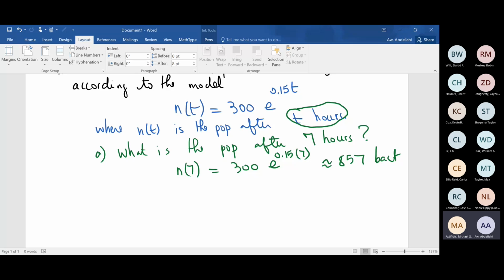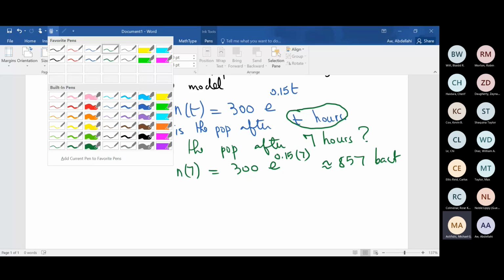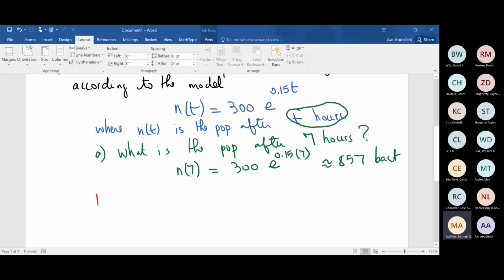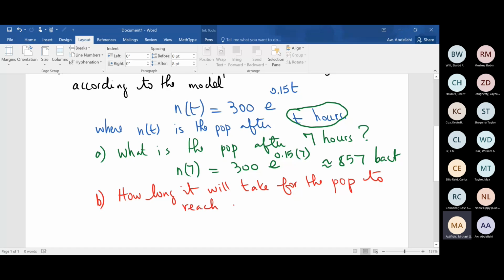The other question we can ask is B: how long will it take for the population to reach 10,000?